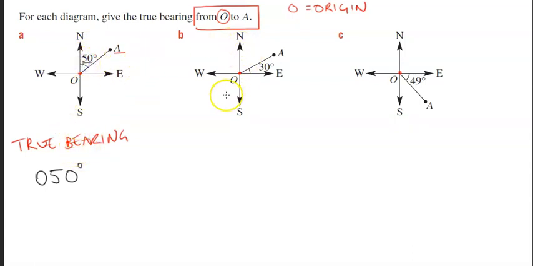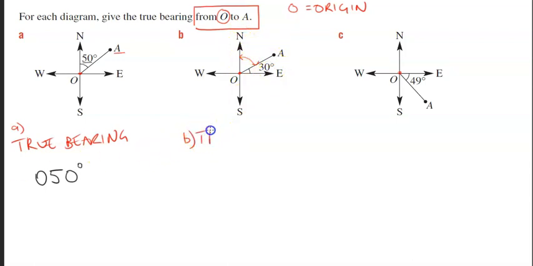But then when it comes to this type of question here for B, where it's asking for the true bearing from O to A, in this case, we haven't been given what this degree is here, and that's what we're trying to figure out. But what we do know is that this 30 degrees has been provided, and we know that within a quarter there is 90 degrees.